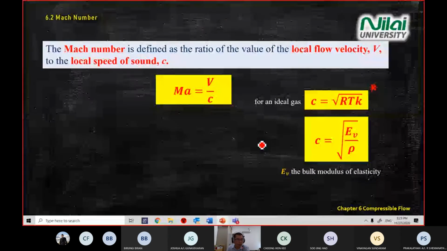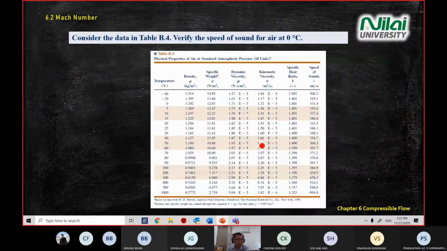If you look at question 13 in your handout, you see exactly the same table as on your screen now, which is table B.4. What parameters do you have here?